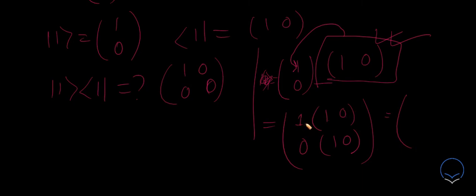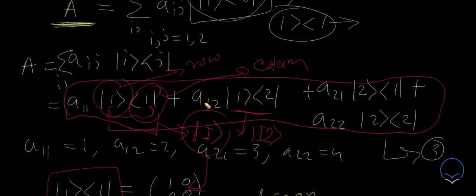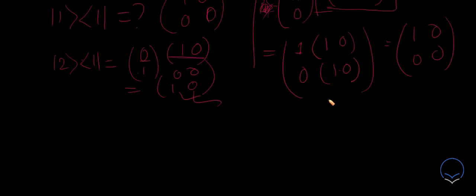So this is just 1 0, and 0 multiplied with these 2 numbers will give us 0, and we have what we wanted. Similarly, if you do 2 1, that is 0 1 1 0, so 0 multiplied with this whole thing is 0 0, right? And 1 multiplied with this whole thing will be 1 0. Again, this is similar to what we have seen over here.